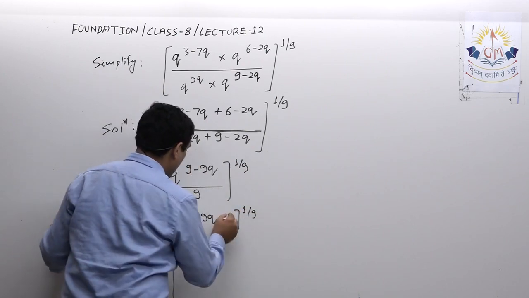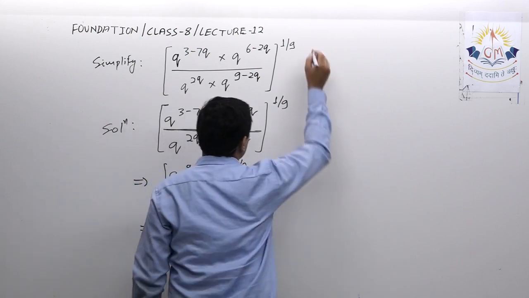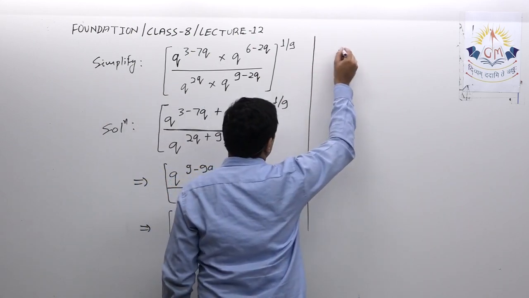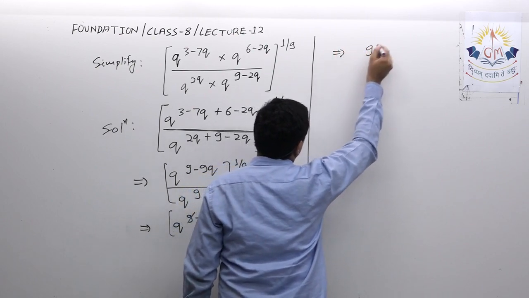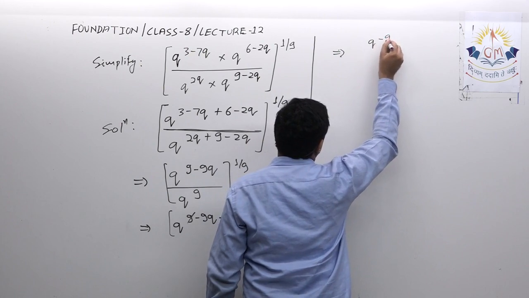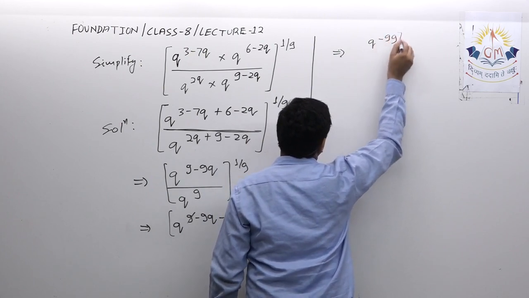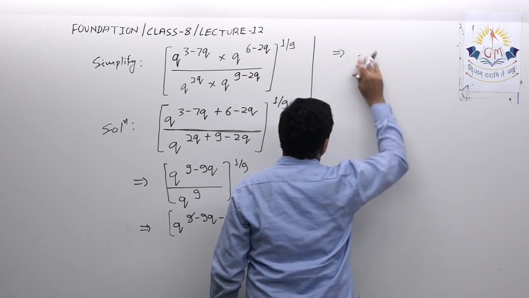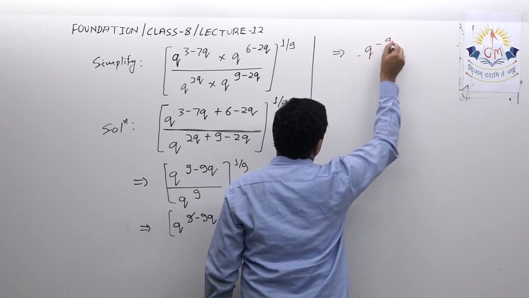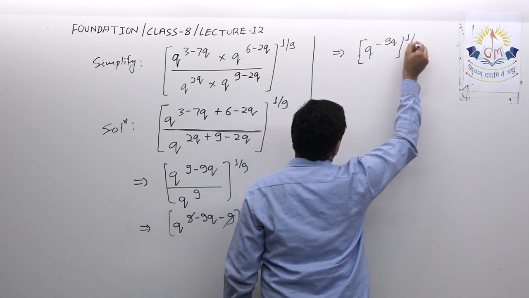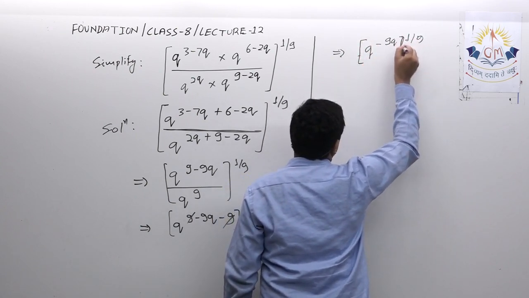Okay, so this minus 9 plus 9 will cancel out, and here I will get q raised to minus 9q, raised to 1 upon 9.